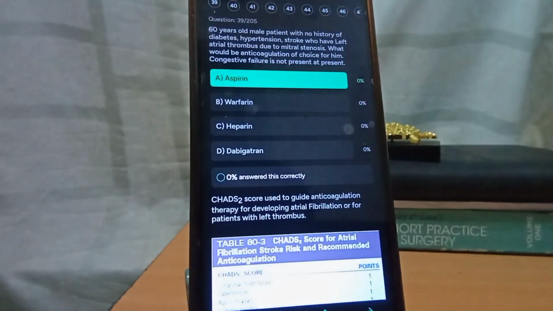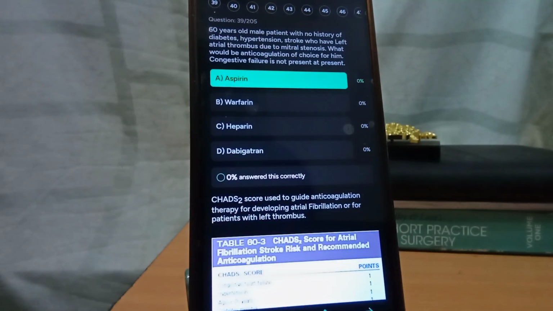So here, since the patient is less than 70 years, and there is no history of diabetes, hypertension, okay, there is history of stroke, but there is no history of diabetes.